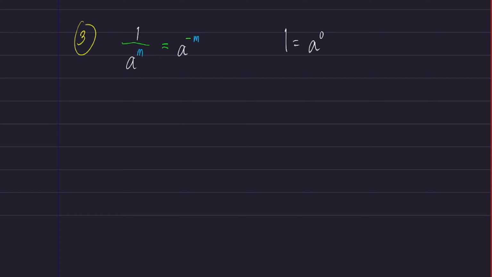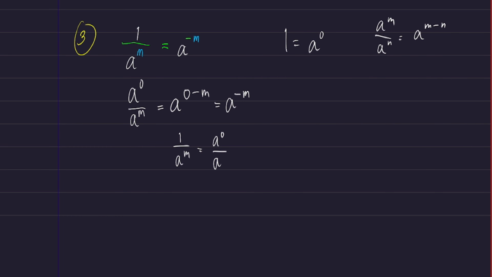So, we can rewrite this expression here as A raised to 0 over A raised to M. Using subtracting exponents na A raised to M over A raised to N is equal to A raised to M minus N, using this pattern, we can simplify this expression as A raised to 0 minus M. And 0 minus M is equal to negative M. So, we will have this expression na A raised to negative M. Therefore, 1 over A raised to M is equal to A raised to 0 over A raised to M, which is equal to A raised to negative M.